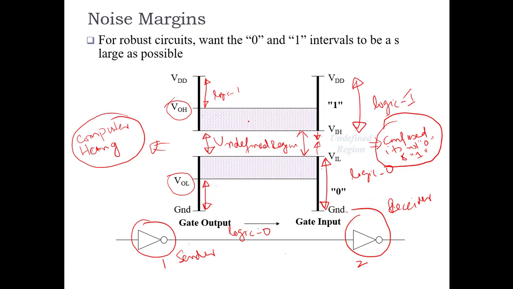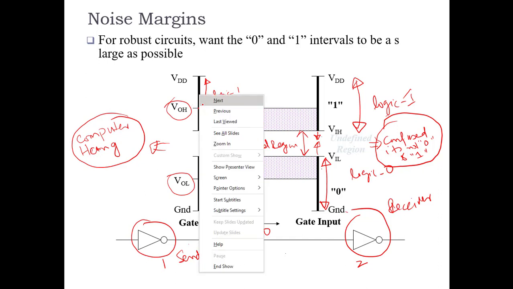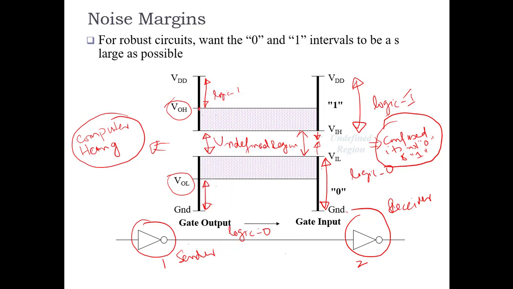The second thing to be considered is the noise margin. The sender is allowed to send a voltage between VOH and VDD for logic 1.